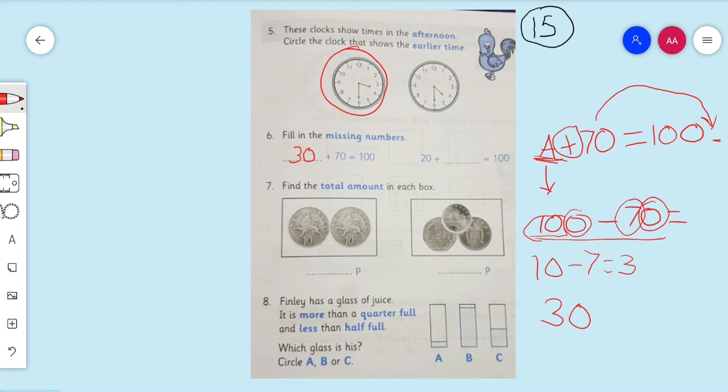And just to double check our answer, we need to do 30 plus 70. Let's do column addition.